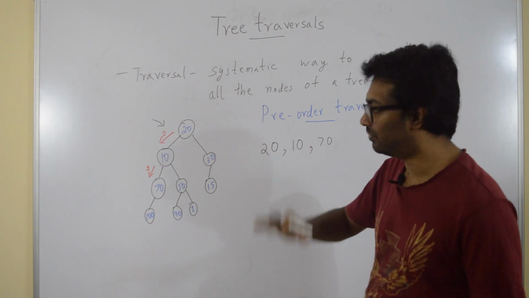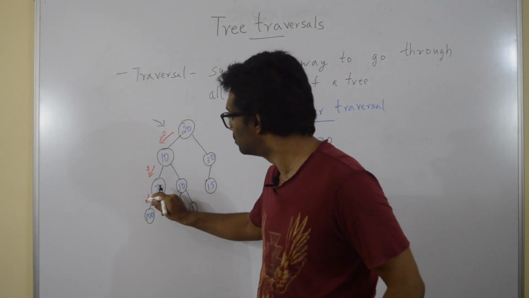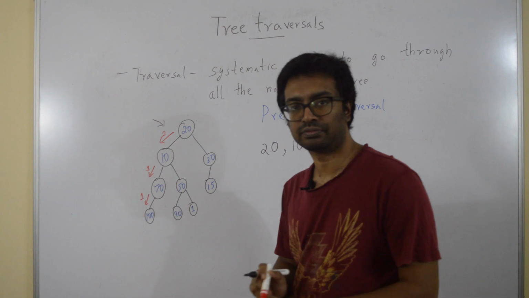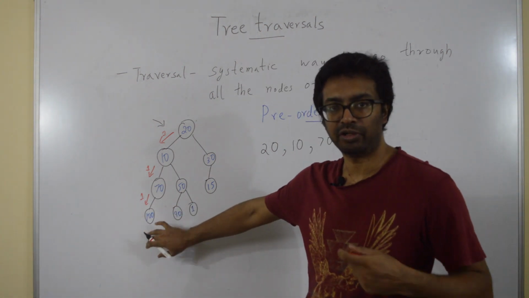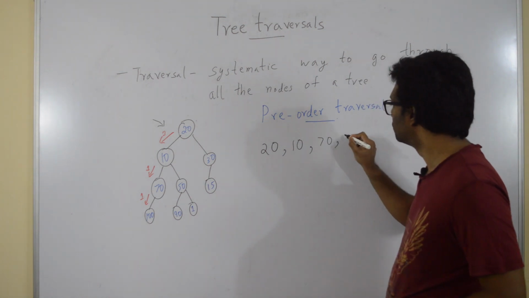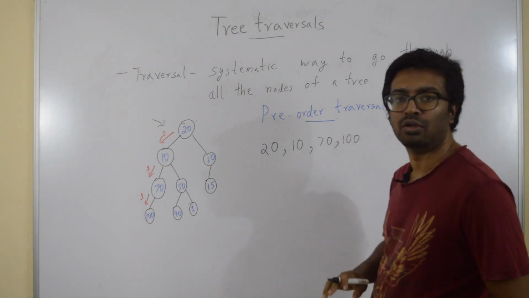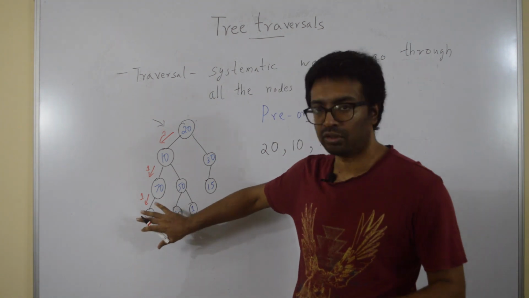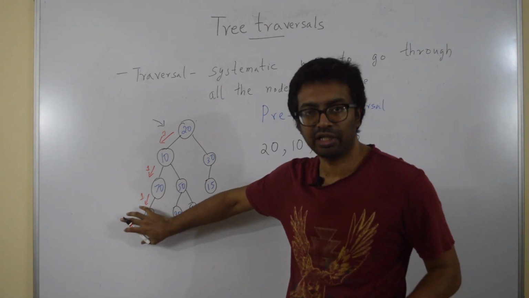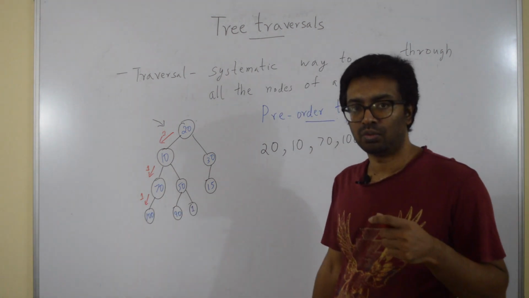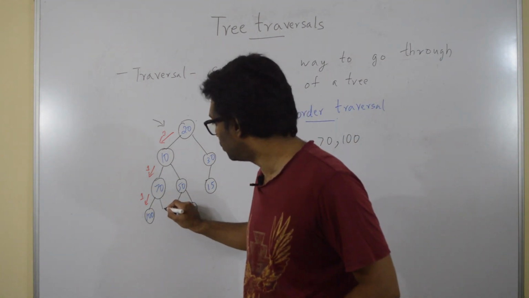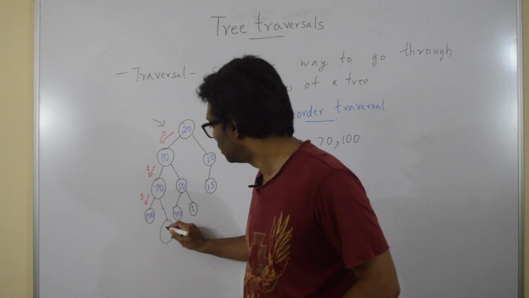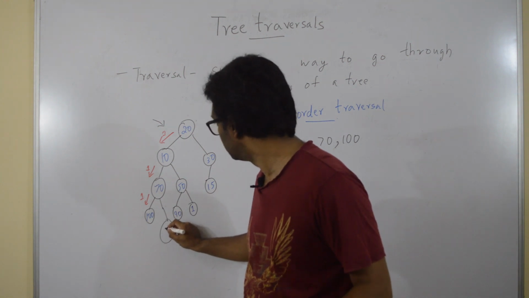Then I visit its subtree here, which means I have to print 100. Good. So now I have visited this entire subtree. Let me have one more node here, and let me call it.